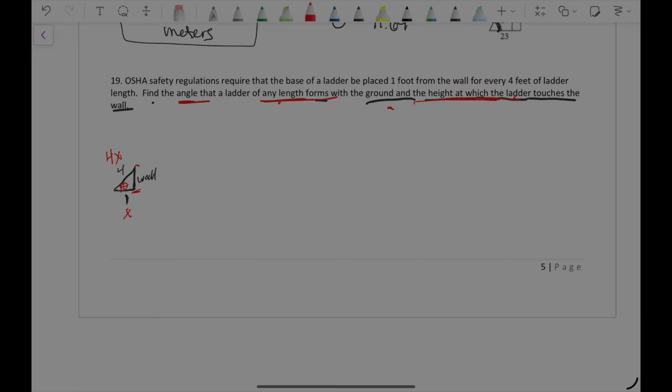Therefore, if we go Pythagorean theorem, wall length squared plus x squared is equal to 4x squared, because that's the hypotenuse.